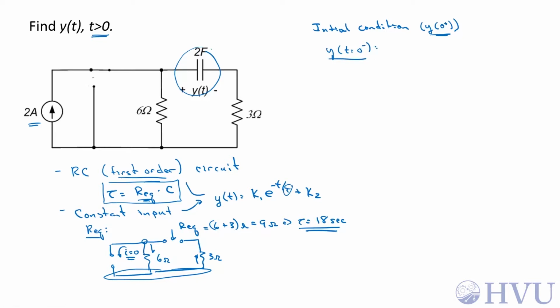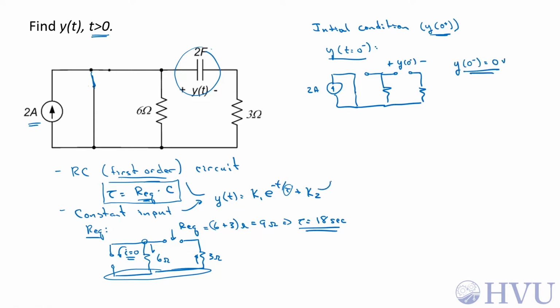So at t equals 0 minus, if the switch has been in this position for a long time, the 2 amp source is not connected to the capacitor. So 2 amps just goes in its own little loop over here, and the capacitor isn't connected to an energy storage element. If the switch has been in this position for a long time, the capacitor will look like an open circuit, and y at 0 minus is going to be 0 volts.